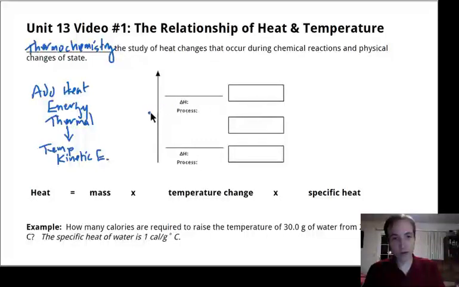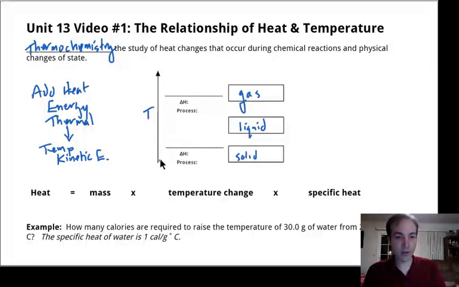So if we look at this diagram over here, we're saying that by increasing the temperature, we will take a substance, if it's a solid, to the liquid state. And if we continue to apply heat and raise the temperature further, we will take it to a gaseous state.